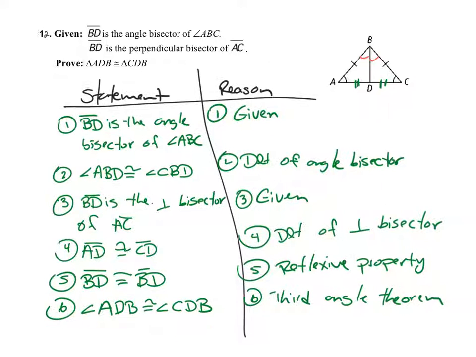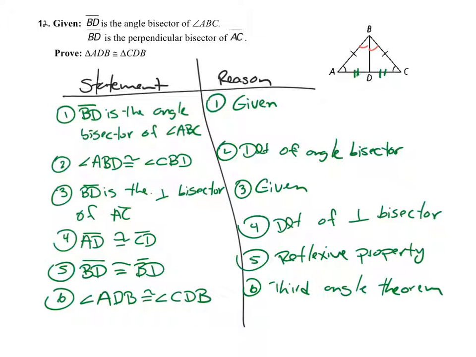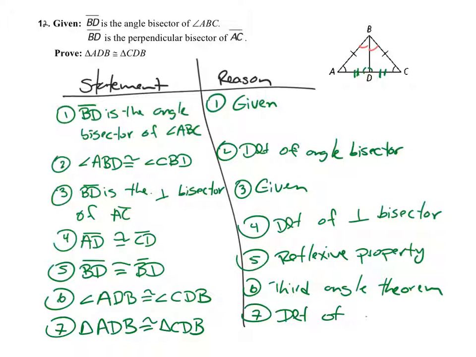So I have everything that is congruent. That means that triangle ADB is congruent to triangle CDB by definition of congruent polygons.